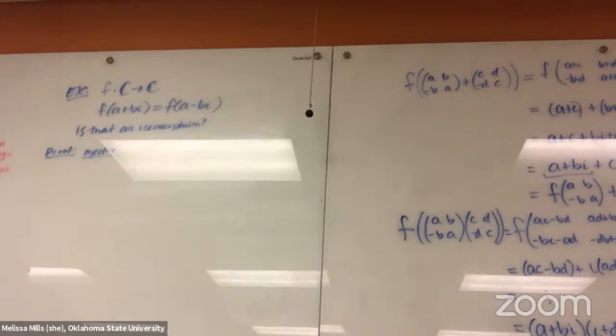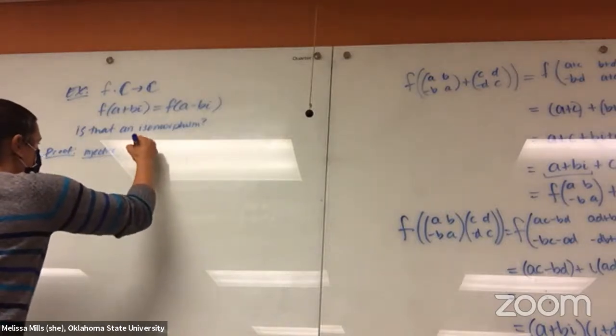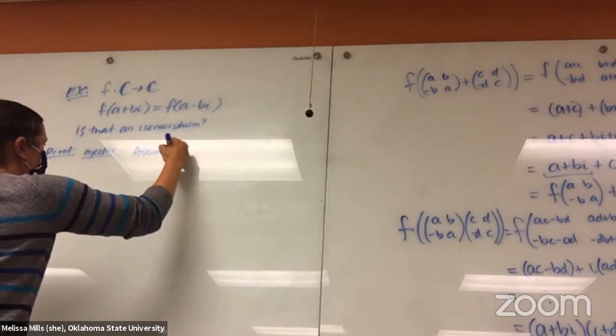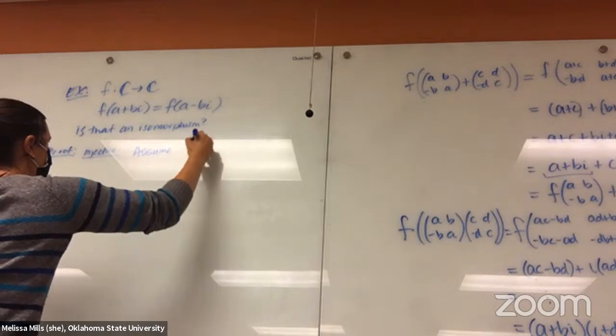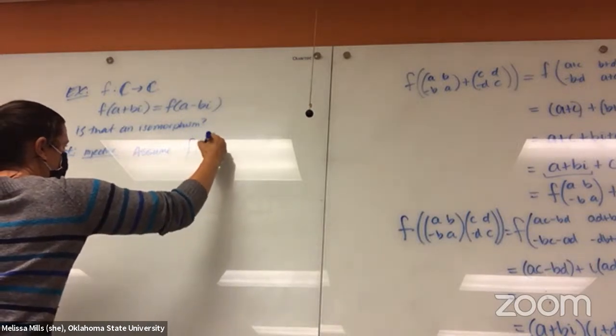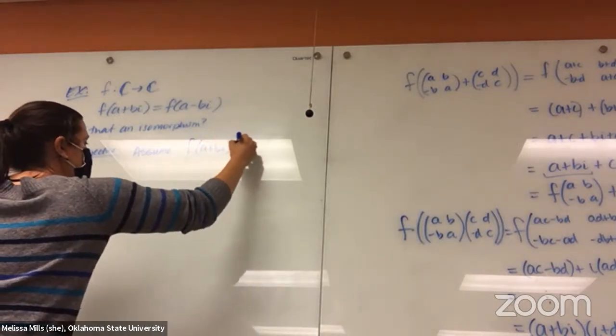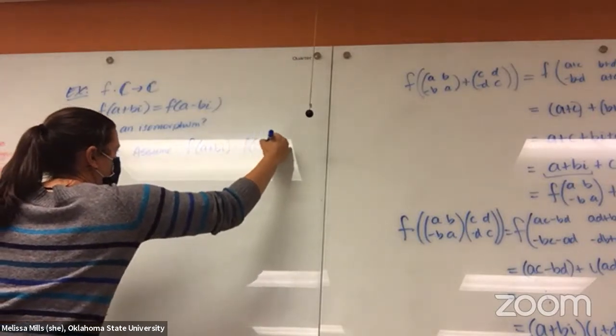I need to start with the images of two things in the codomain that are equal, right? So I need to assume that these two images are equal. F of A plus BI is equal to F of C plus DI.